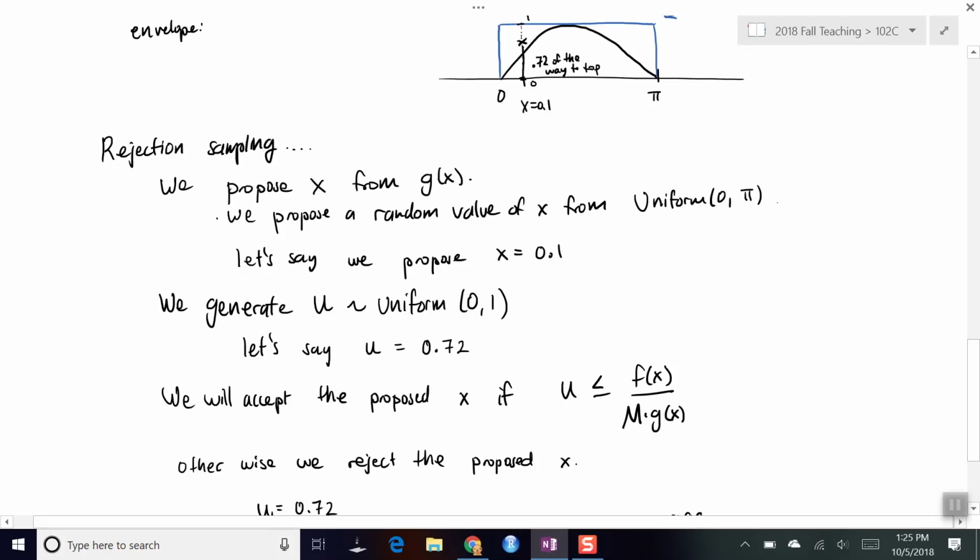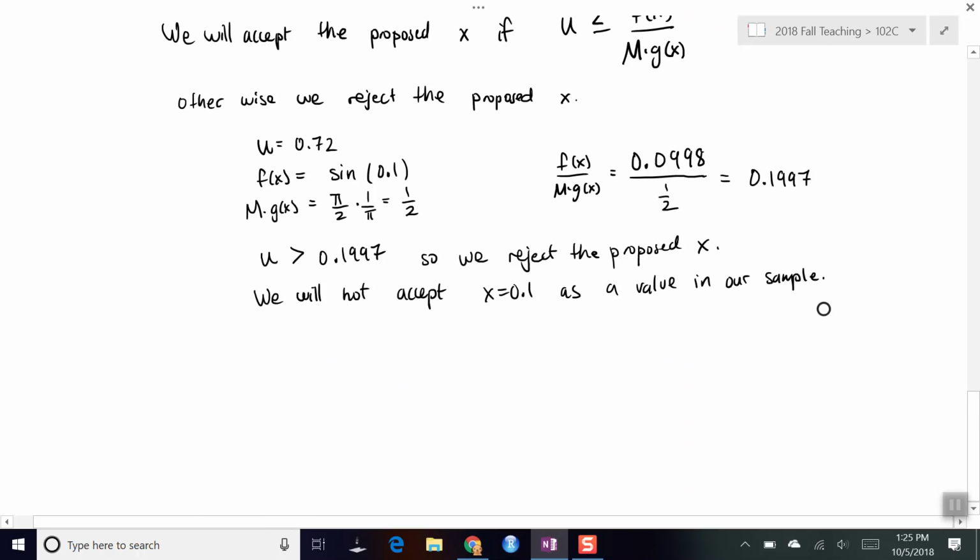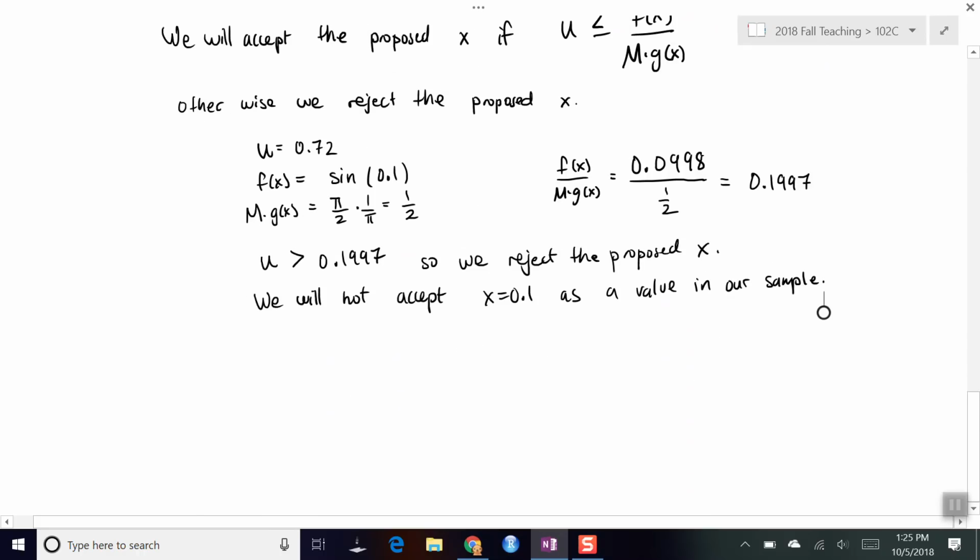Other values will get accepted less often, and values near the middle will get accepted very often. And that's how, at the end of the day, we get a sample that looks like our target distribution.